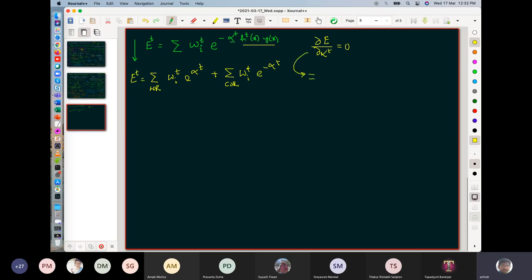Now if I differentiate, I get the derivative of e to the power alpha t with respect to alpha t times the sum over all the wrong points of w_i^t. The other term doesn't depend on that, so this will be minus e to the power minus alpha t times the sum over all correct points of w_i^t, equal to 0.